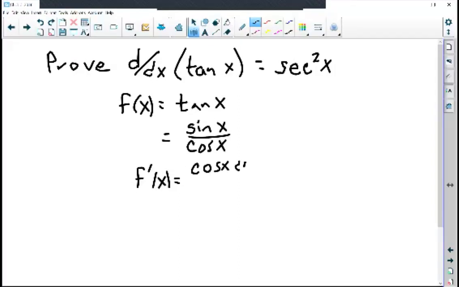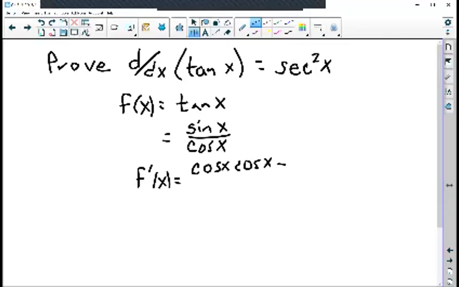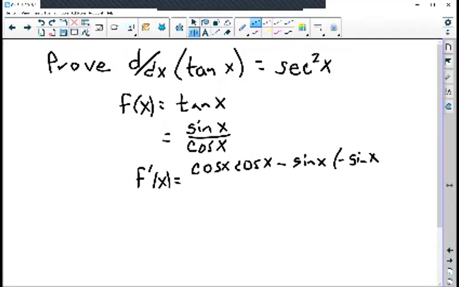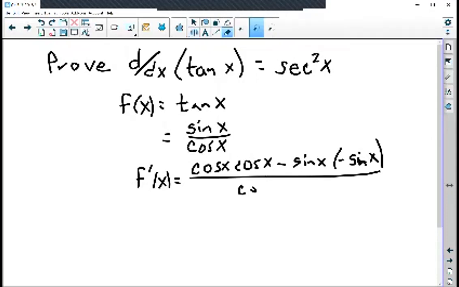There we go. Minus the numerator times the derivative of the denominator. Derivative of cosine is negative sine. That's where the negative comes in. All over the denominator squared.